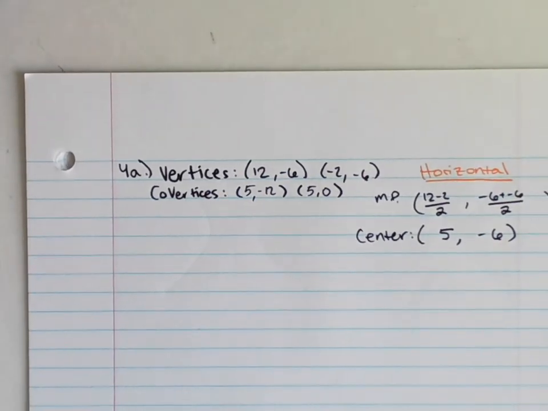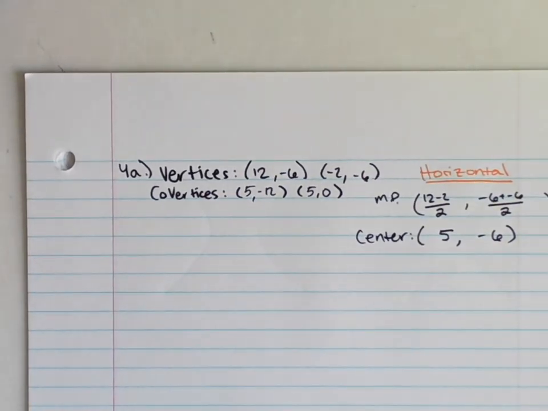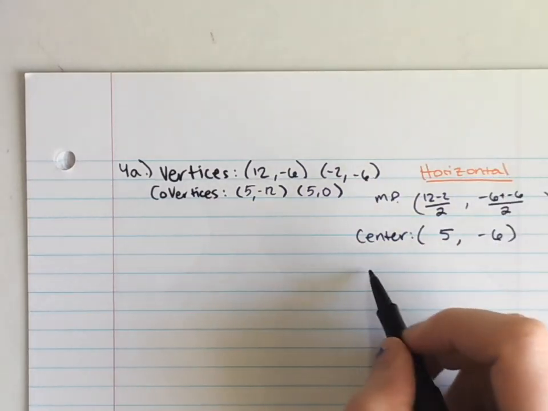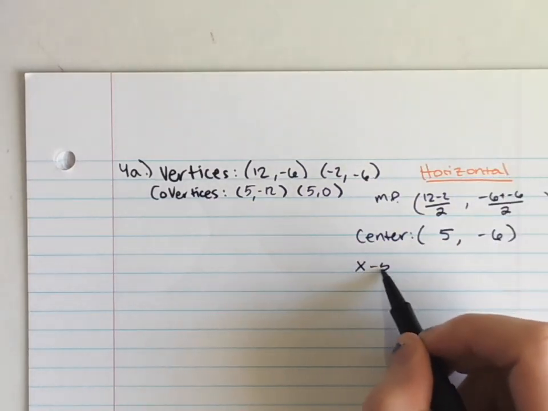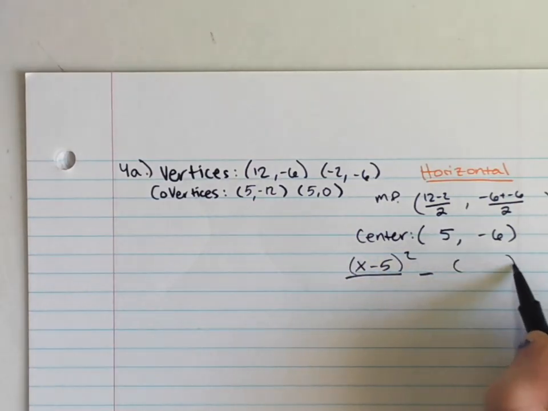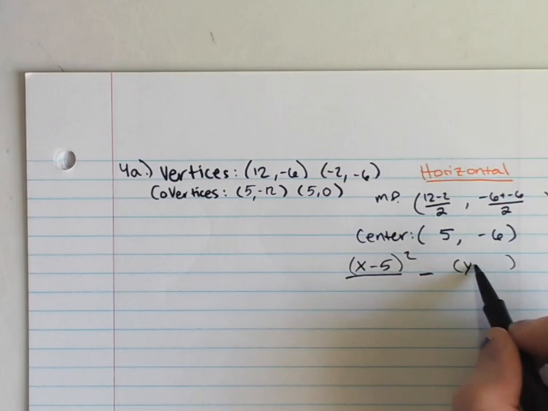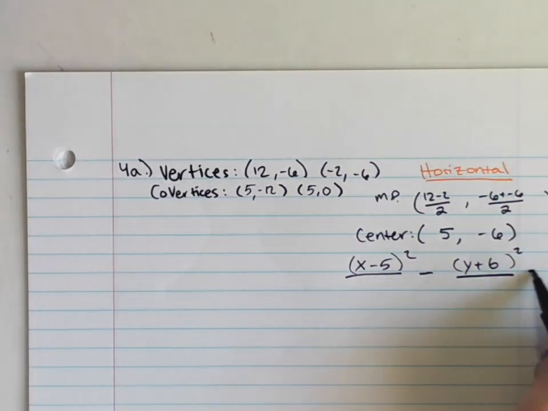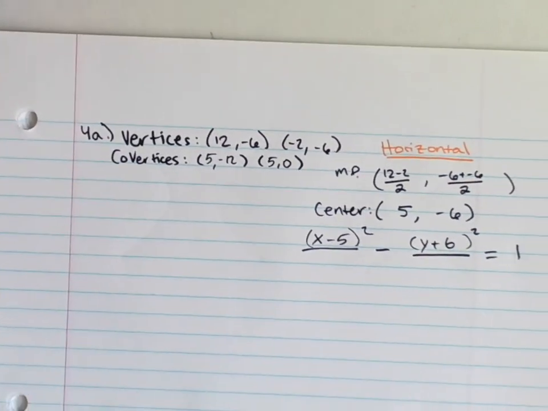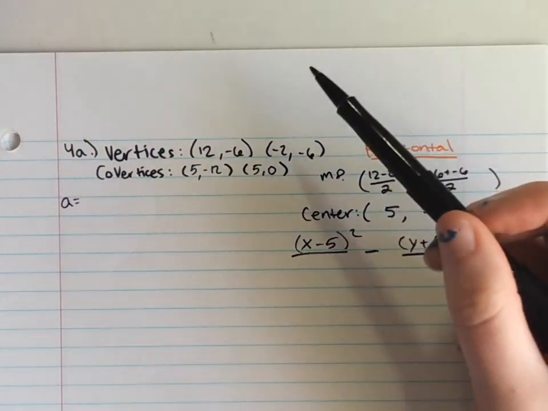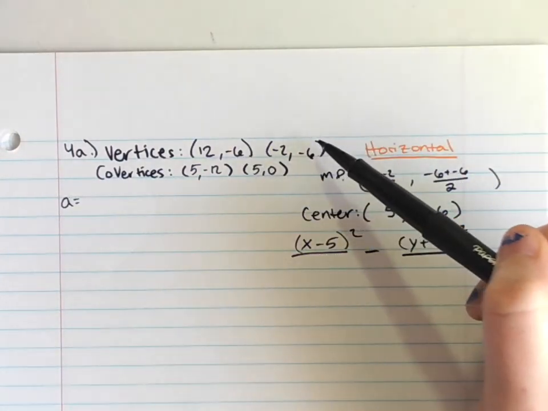Of our hyperbola. Now let's figure out what our a and b are. Since it's horizontal, we're going to have x minus 5, or h, over whatever a squared is, minus y minus -6, or plus 6, over whatever b squared is, equal to 1. So we need to figure out what a is. a is the distance between this point and this point cut in half.